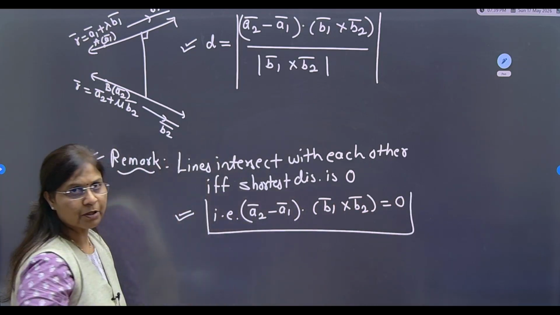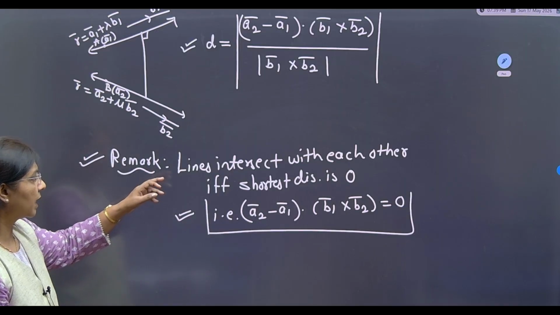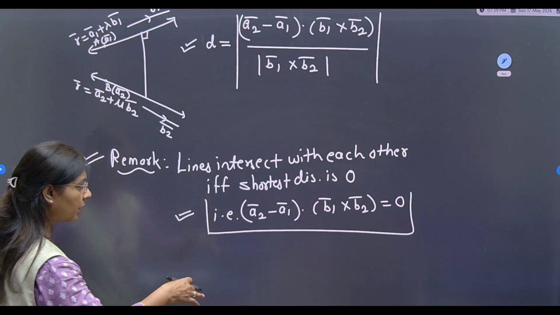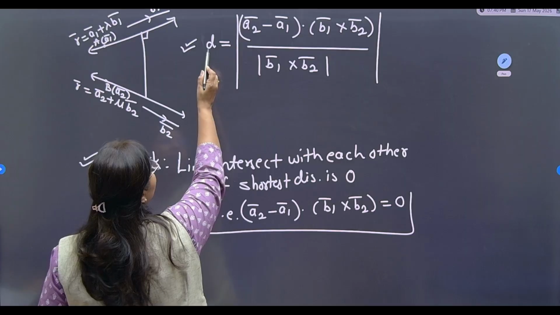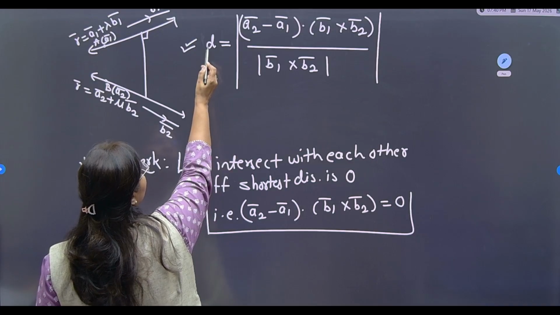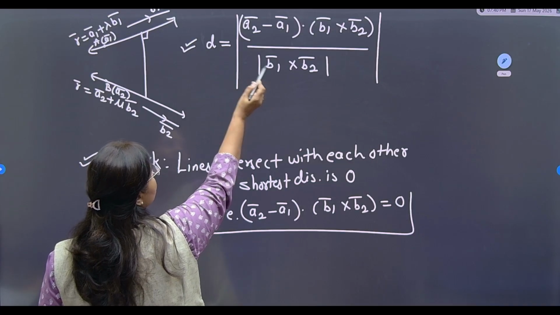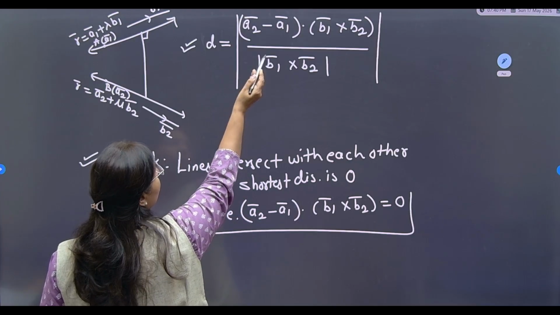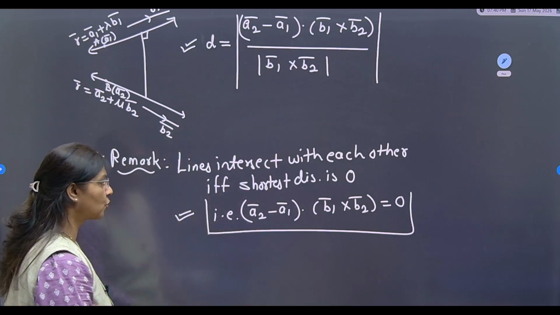Most important result. Remark: if lines intersect with each other, the shortest distance is equal to 0. Therefore D is 0, and 0 into the upon term is 0. Therefore, we get the numerator part equal to 0.